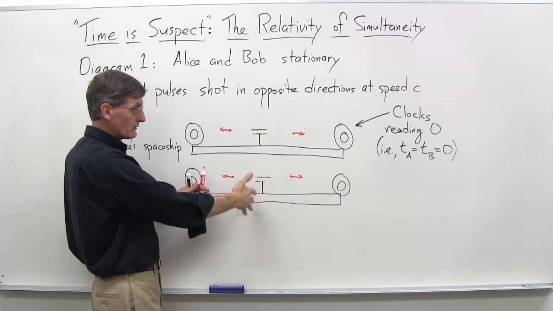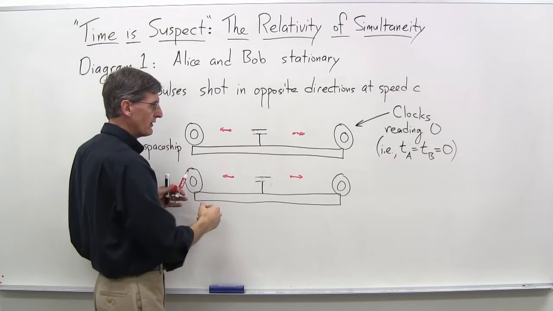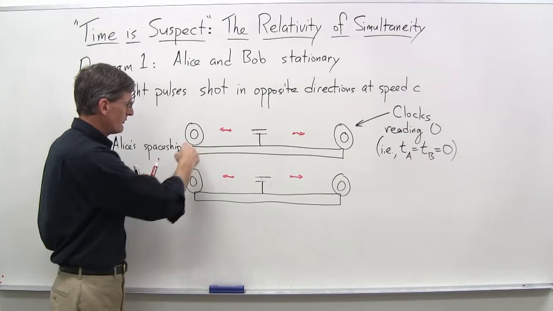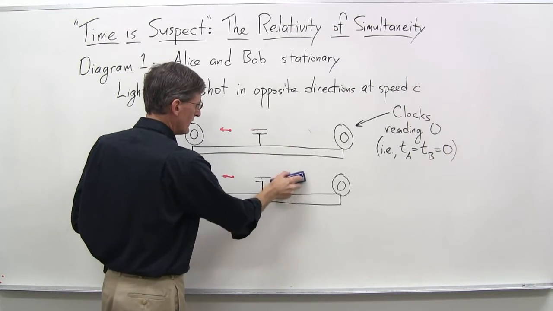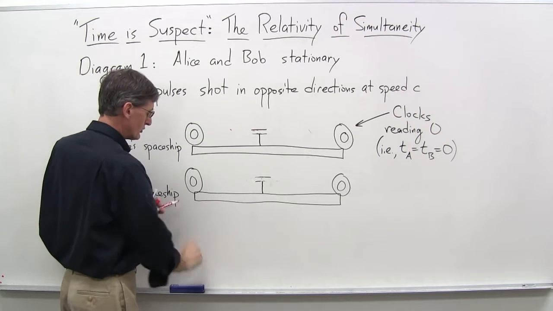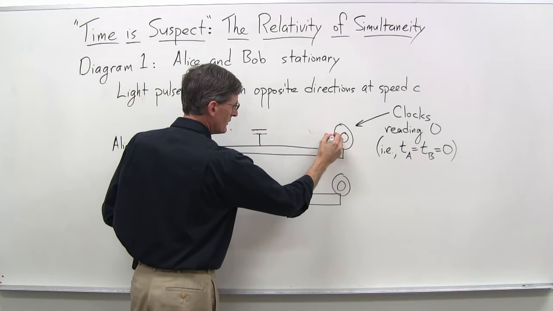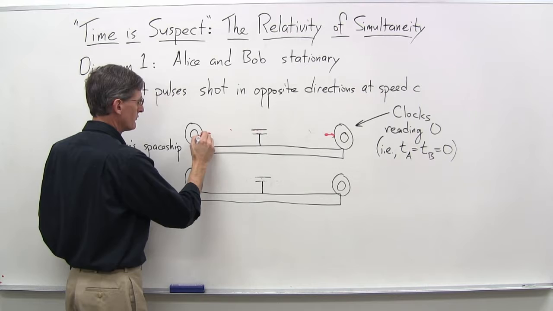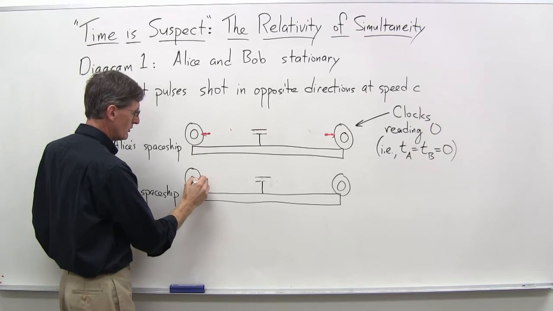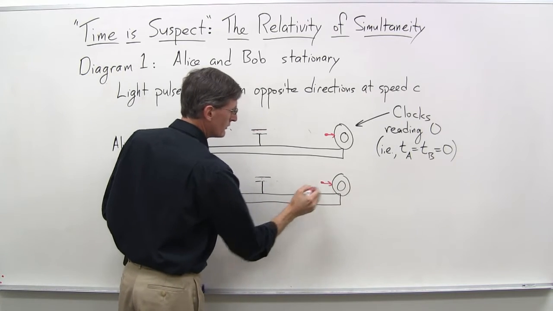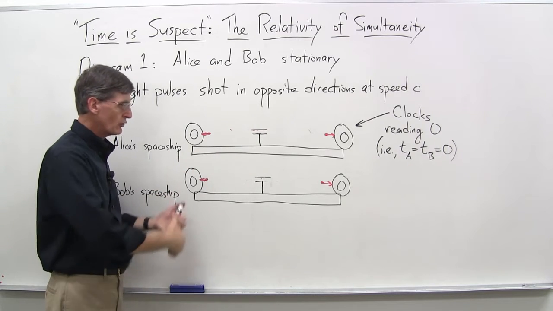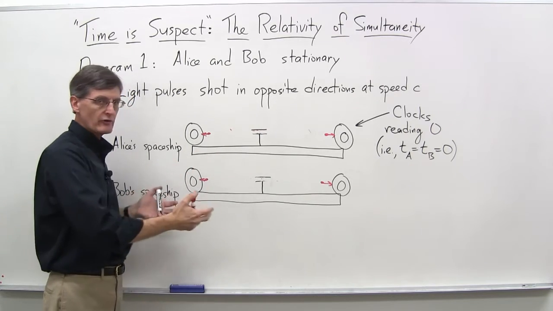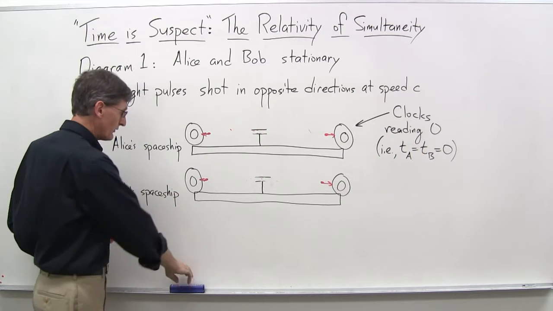Assuming the light gun, as it were, is exactly in the center, we know the light pulses are going to reach the clocks on the ends at exactly the same time. So we'll draw that in here next. We'll assume, okay, they've actually reached the end here. This one has reached there, this one has reached there, and this one has reached there. Clearly, everything is symmetrical. Nobody's moving. The light clocks all trigger at the same time.